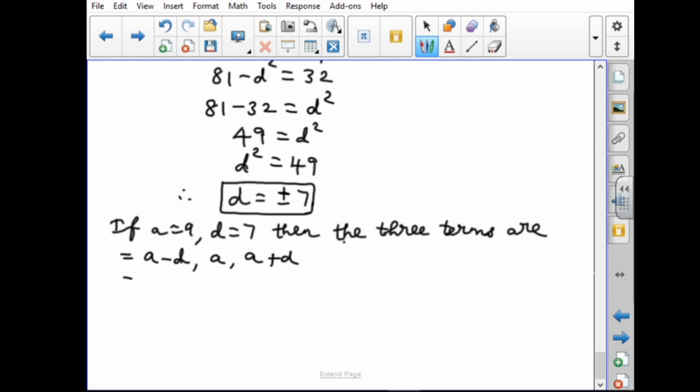Here you have to substitute. a minus d means 9 minus 7, comma a is 9, comma 9 plus 7. So 9 minus 7 is 2, comma 9, comma 9 plus 7 is 16.